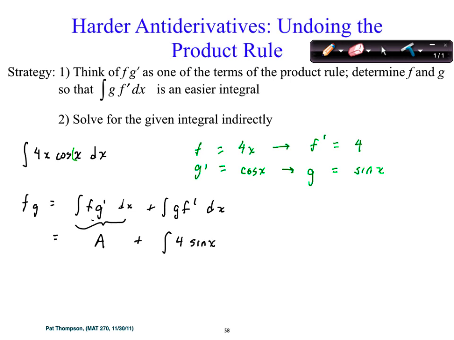And so the test to see if we picked right: if we picked the 4x correctly to be f or g prime, we have two ways to choose this, is the other integral from the product rule a doable antiderivative? That's pretty simple. So over here we're going to have f times g, which is 4x times sine x.